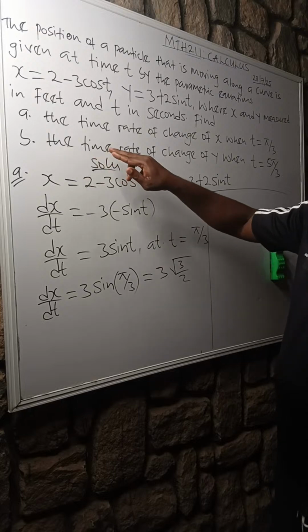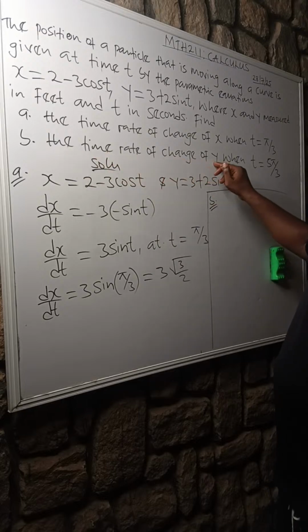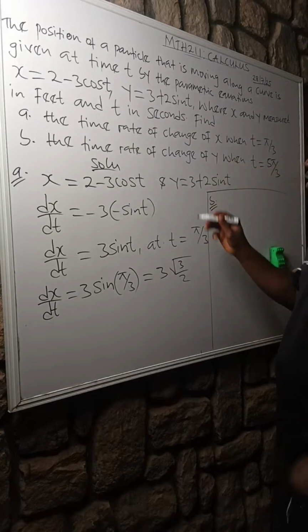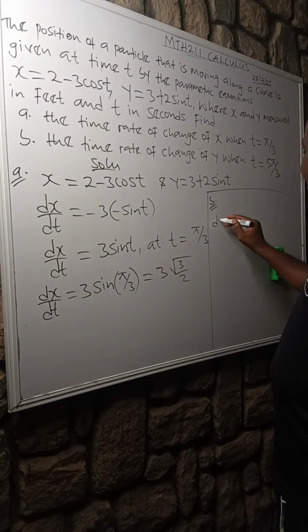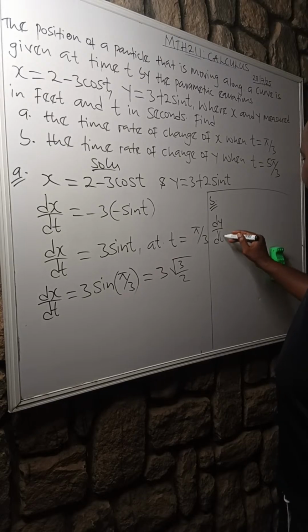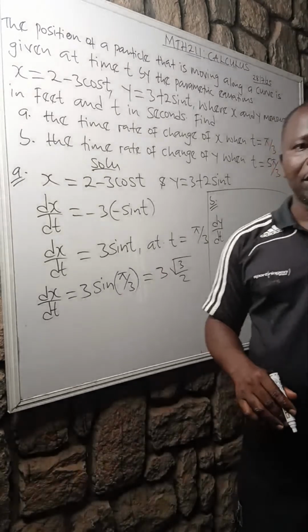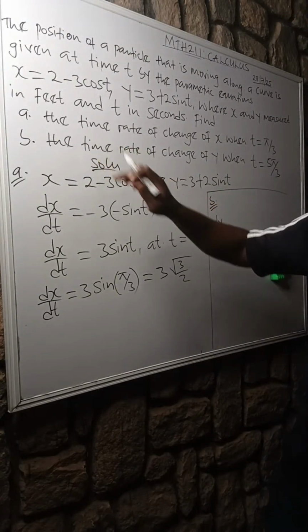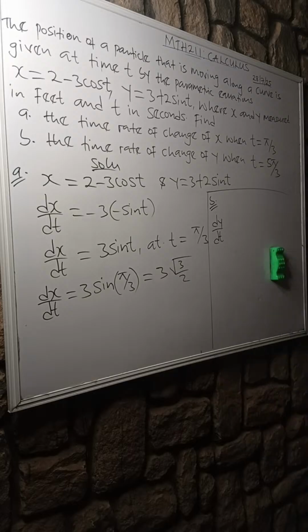Find the time rate of change of y when t equals 5 pi all over 3. It means the rate of change of y is the same thing as dy all over dt, because it has to be with respect to time. Your time is t in seconds, true or false? Do you understand? Are you following?